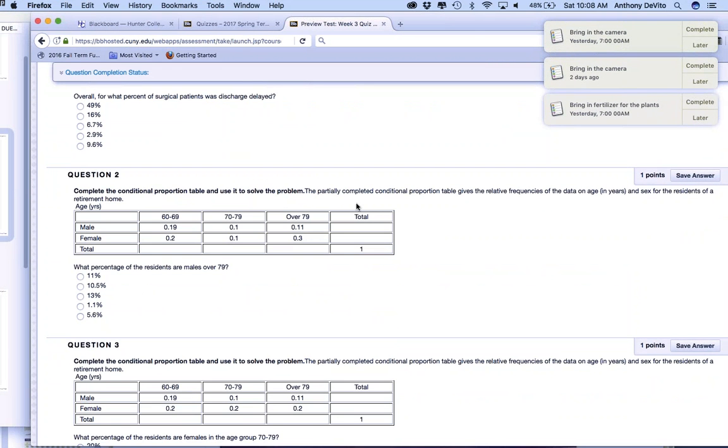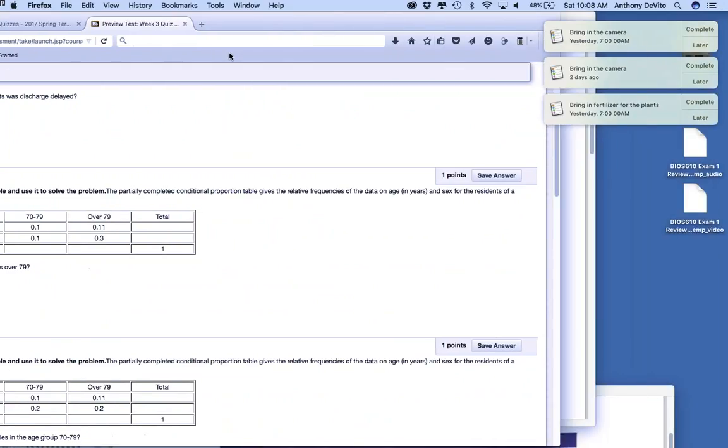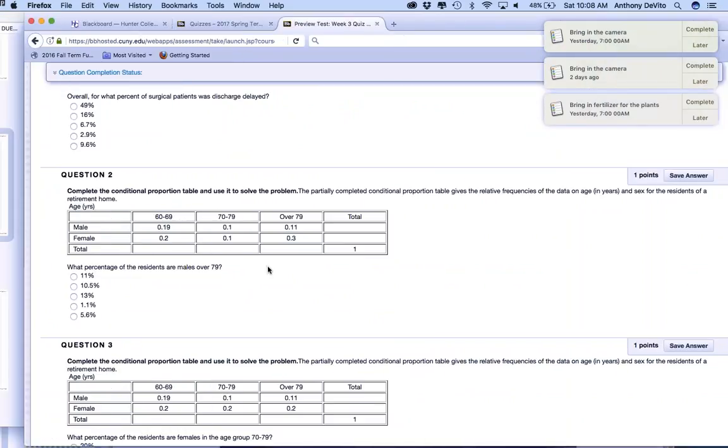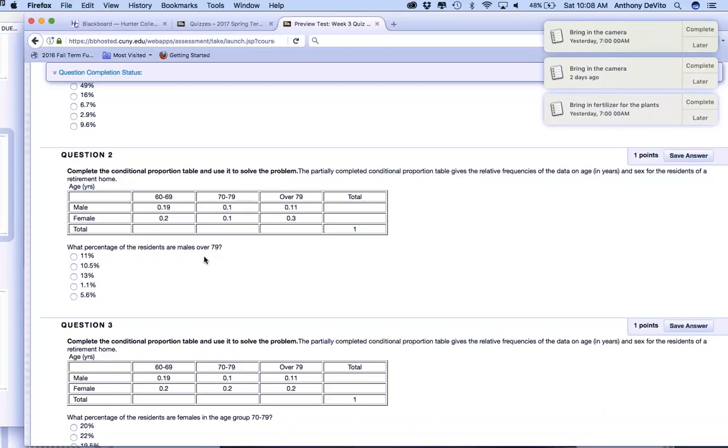Okay, partially completed table gives relative frequencies of data. That's percentages rather than the actual numbers of people. Residents, retirement. What percentage of resident males are over 79? Okay, well, the first thing we need to know is we're only interested in males, right? That's our conditional probability. What percentage of males are over 79?